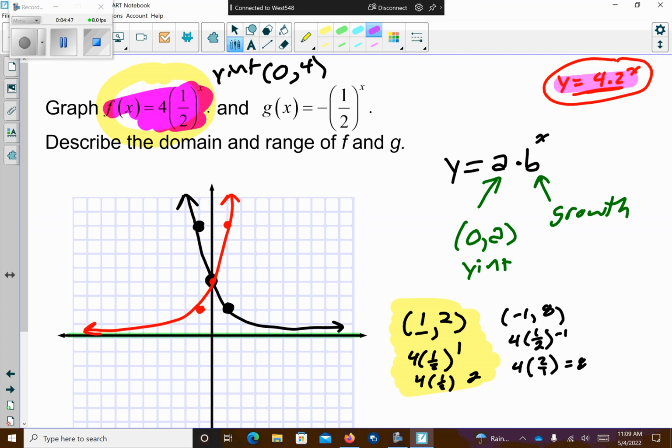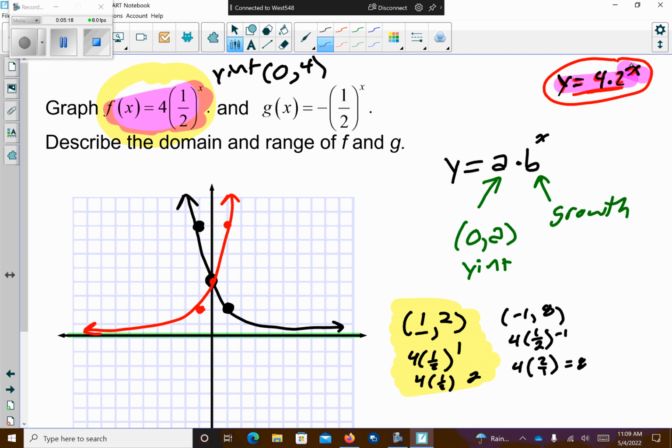Now, we have one that's y equals and one that's f of x, but that's okay. What's the big difference between these two, though? What's the big difference between the equations? What do you think made the graph kind of do a pirouette around the y-axis? That means spun around it.